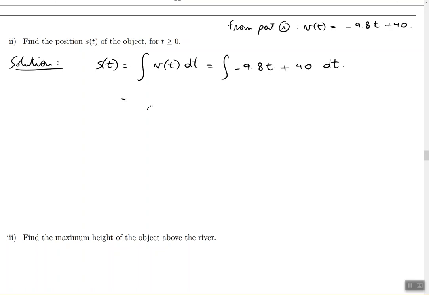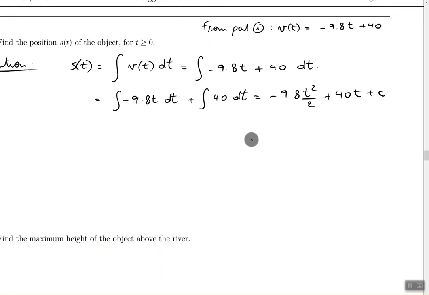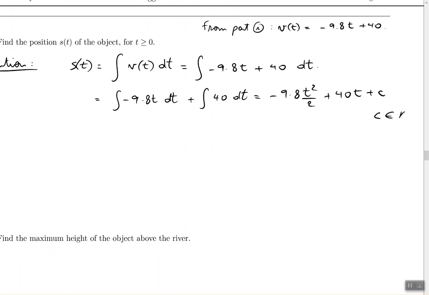So in other terms, we'll have to do the antiderivative of negative 9.8 t dt and the antiderivative of 40 dt, which, by the way, equals negative 9.8 t squared divided by 2 plus 40 t plus some random c, where c is just some constant. We don't really care about it, it's just some real number. Okay, so that's technically the solution.